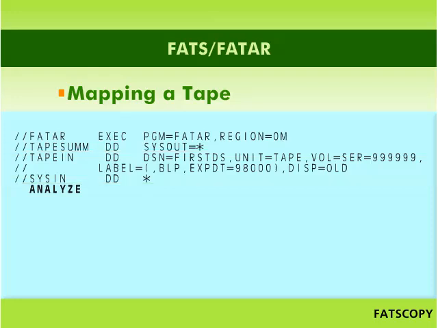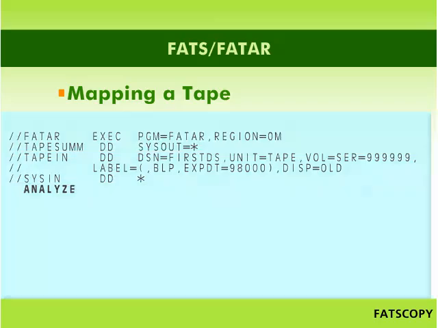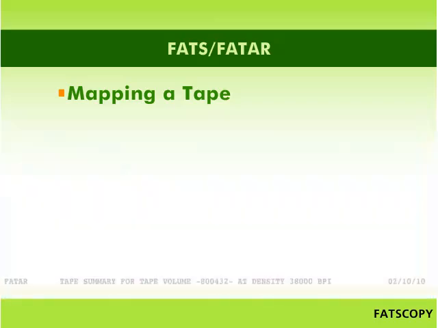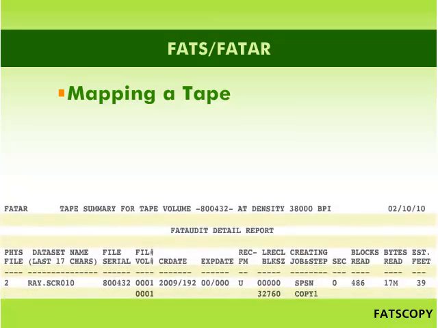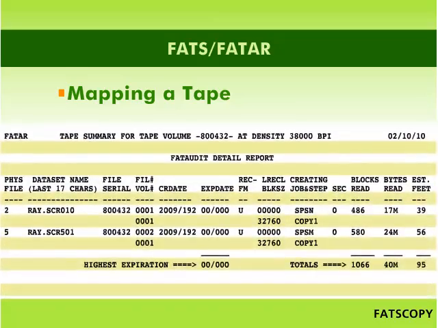The dataset name in the JCL does not have to be correct. FATAR will automatically determine the label type and handle them if present, and if the labels are ANSI, both labels and data will be translated to EBCDIC.